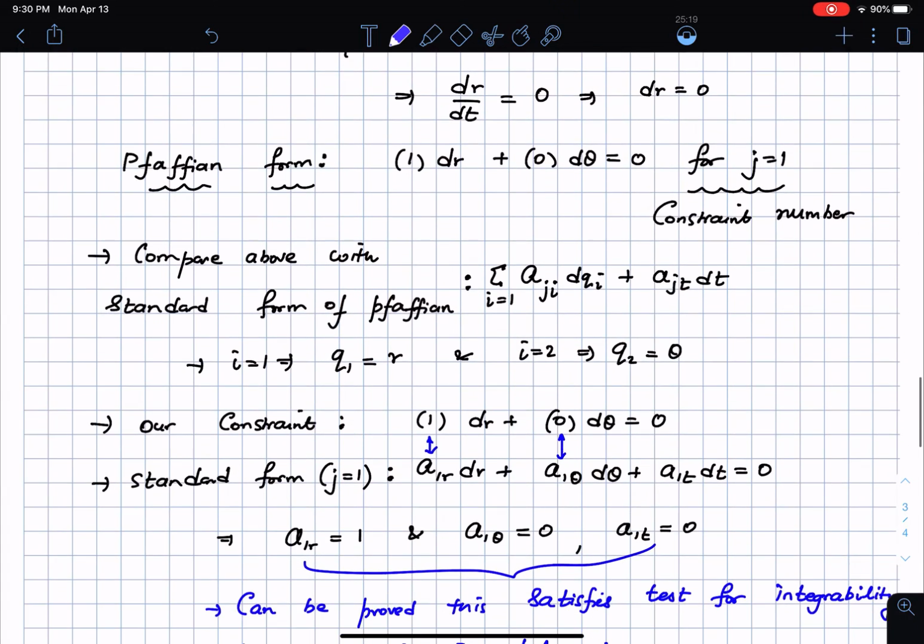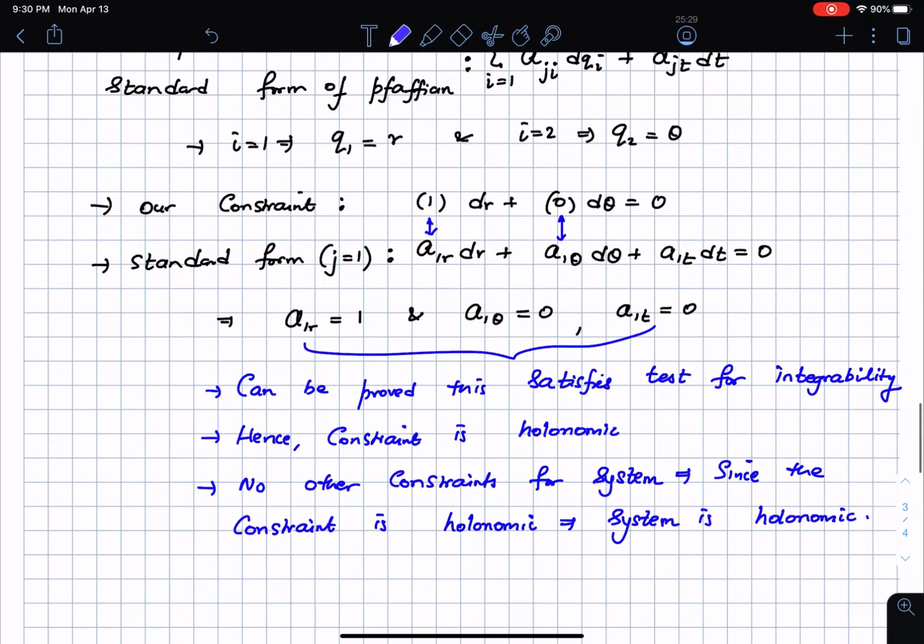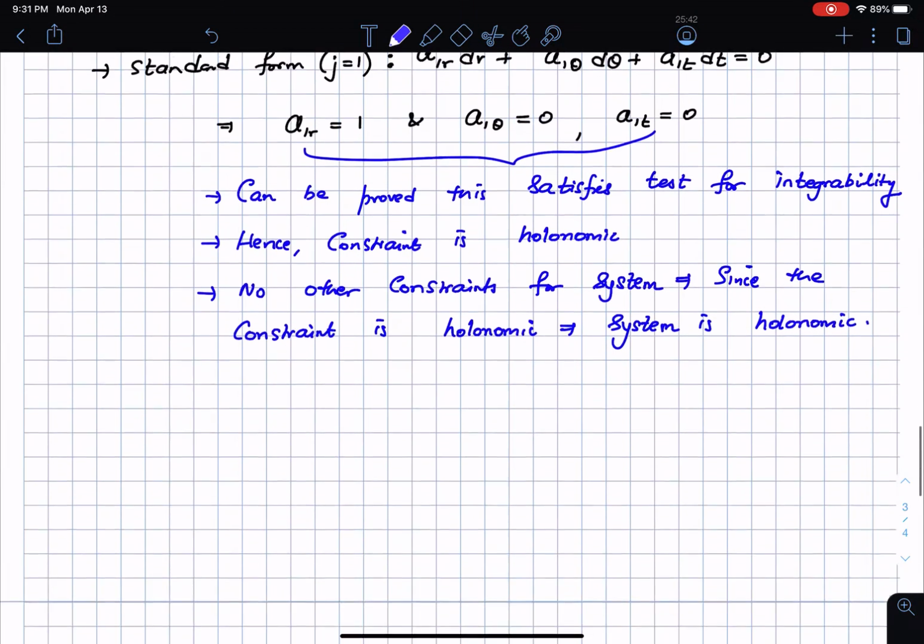You can compare this with a11 dq1, a12 dq2, a1t dt, or a1r dr, a1 theta d theta, a1t dt. That's the same thing. By means of this comparison, the coefficients of the Pfaffian form of the constraint equations are obtained. It can be proved this is integrable, so the system is holonomic because this is the only constraint, and the constraint is holonomic. All right, I'm going to move on.